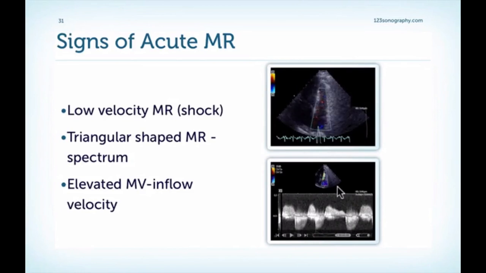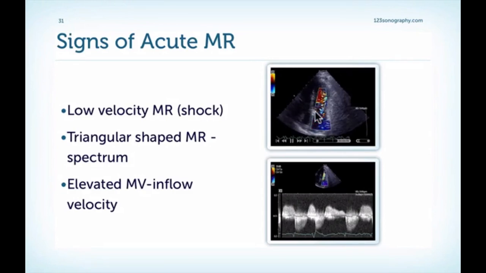One thing I want to point your attention to, however, is that the color Doppler is not so easy to interpret in the setting of acute MR. Why? Because we have highly turbulent flow both into the left ventricle and back into the left atrium. Often we do not have very high velocities. Why? Because the mitral valve is wide open and because we have low blood pressure.